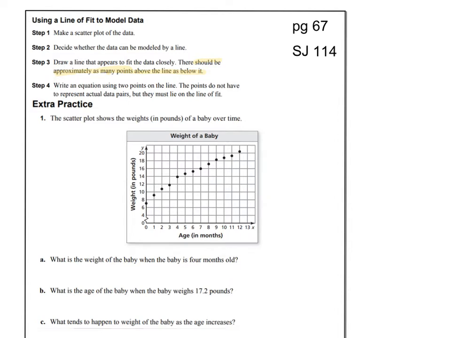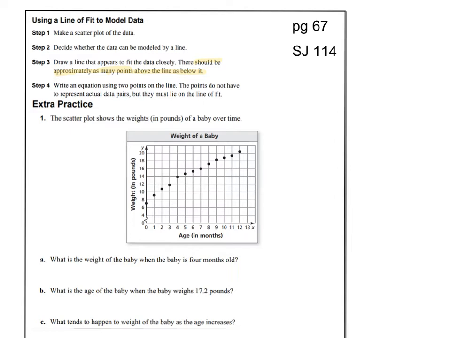I've had students draw a line like this. That would be incorrect because you have this many points below and this many points above. So be very careful. You want that line that you draw to fit that data as closely as possible. So be very careful when you do that.